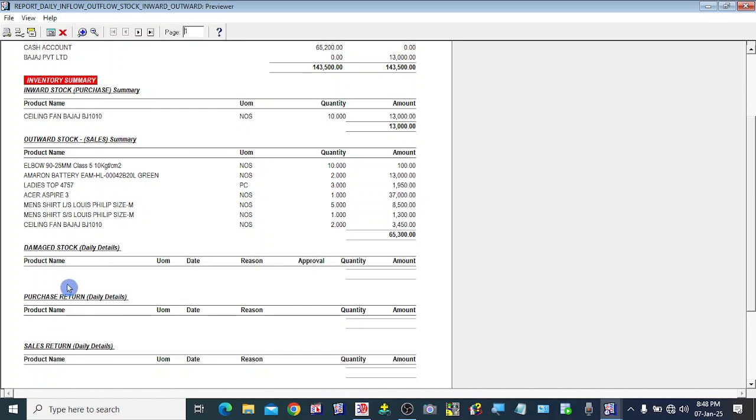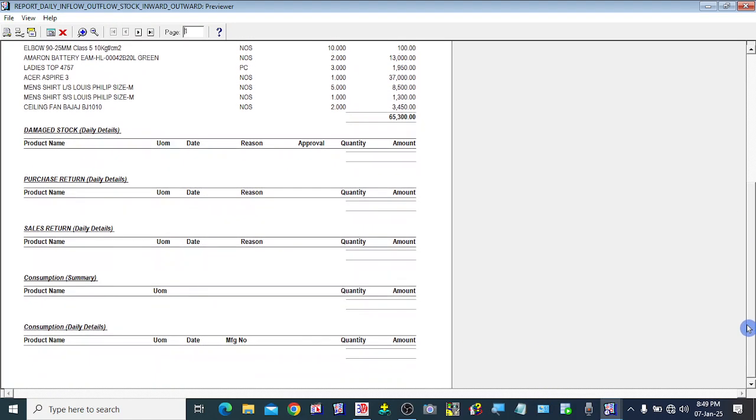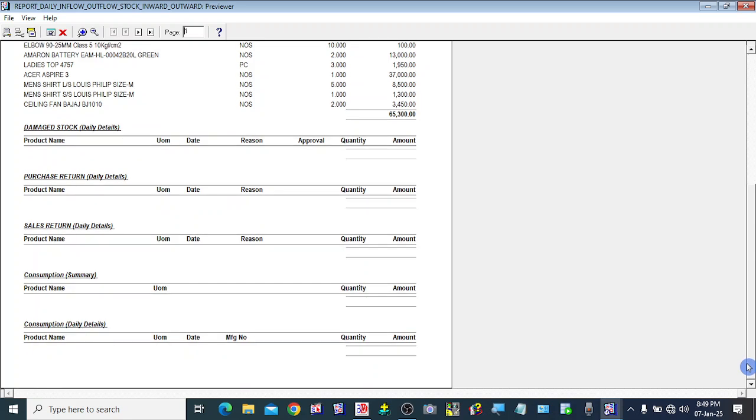The other information you can see is damaged stock. During this date range, how many products we have posted as damaged? Nothing is here. And if there is any purchase return, that will be visible here. If there is any sales return, if you have posted any manufacturing or production entry, we can see a summary of the consumption and the summary of the products we have consumed.